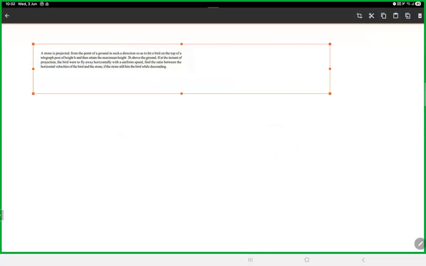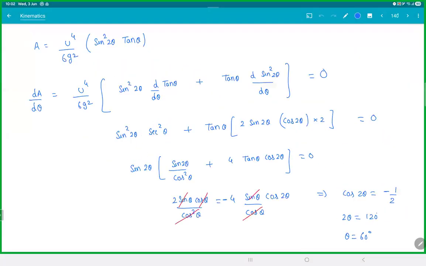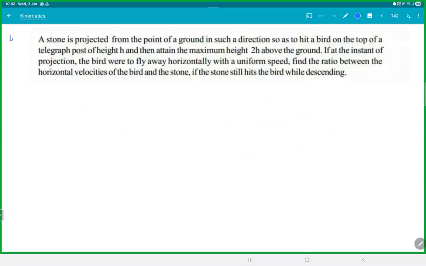Let's get this one. This will teach you how to read an equation. Read and figure it out. Before even solving the question, put a picture. Draw a picture.